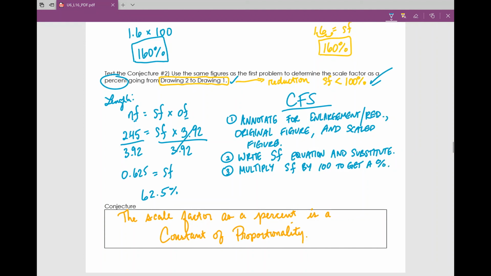And finally, some of the questions ask for a statement. They'll say, why is the scale factor greater than 100%? Because the figure enlarged. So answer as a statement when prompted. Oops, running kind of fast. And there we go. There's your criteria to succeed every single time.